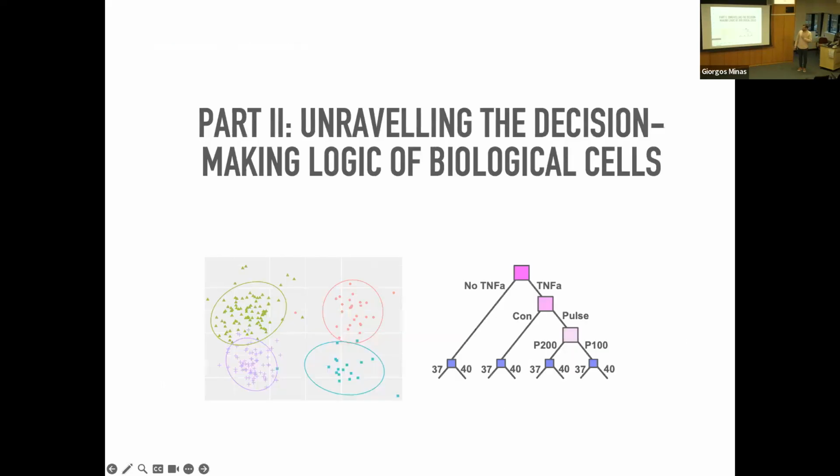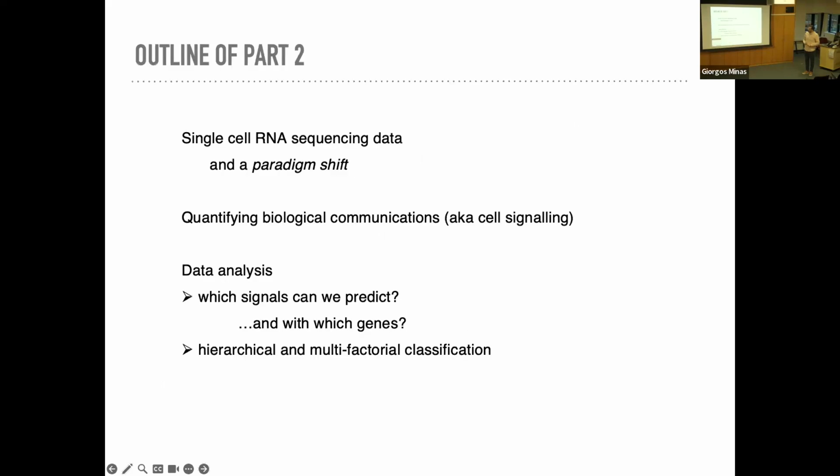Right. So the second part, as I said, is more about the information transfer and more diving into the data rather than the mechanistic models. So I'm going to talk about single cell RNA sequencing data and how the collaborators that produce the data that I'm working on change the purpose of the typical experiment that you get there.